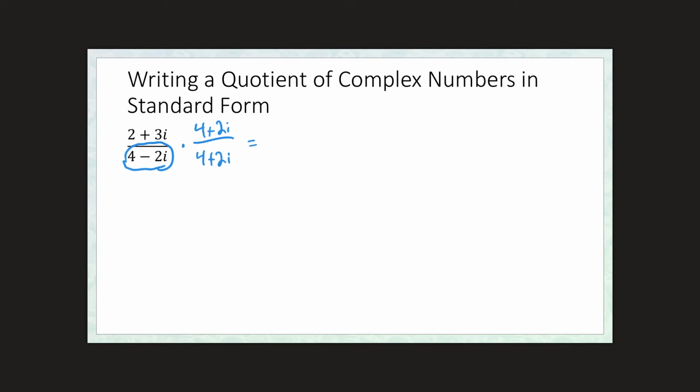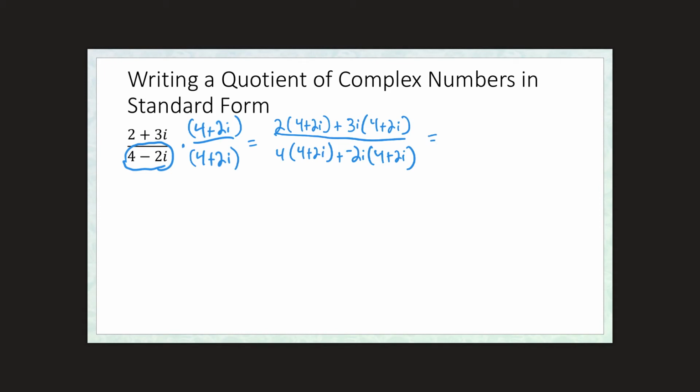So here we go. On the top, we will have 2 times 4 plus 2i plus 3i times 4 plus 2i. And on the bottom, we will have 4 times 4 plus 2i plus negative 2i times 4 plus 2i.